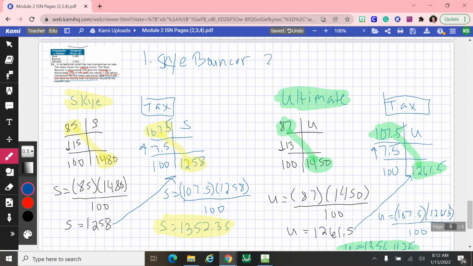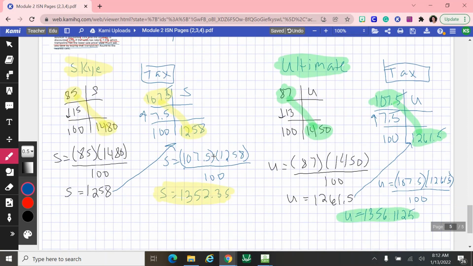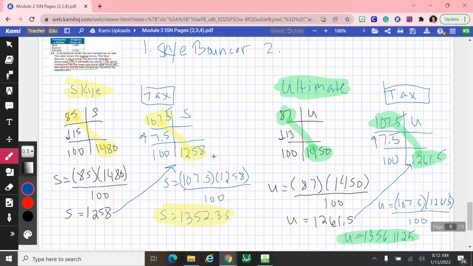And our second problem is asking us, how much will you save? Well, that's not difficult. We're just going to do a subtraction problem. We're going to do 1,356.1125, and we're going to subtract 1,352 and 35 hundredths to get what that value is.